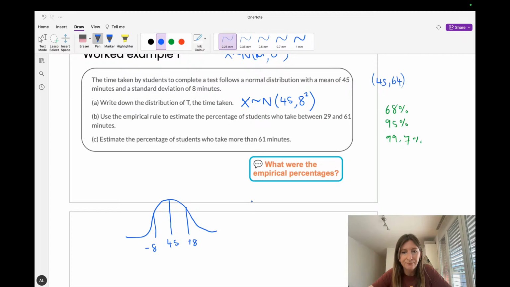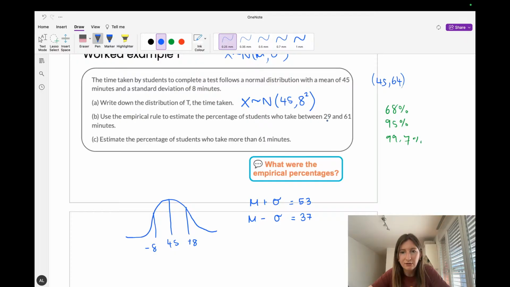That would be the mean plus 1 standard deviation and the mean minus 1 standard deviation. So 45 plus 8, we're going to have 53. And 45 minus 8, we're going to have 37.